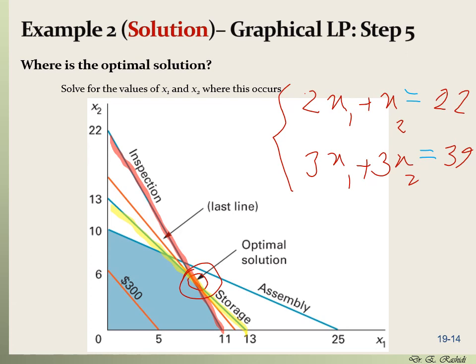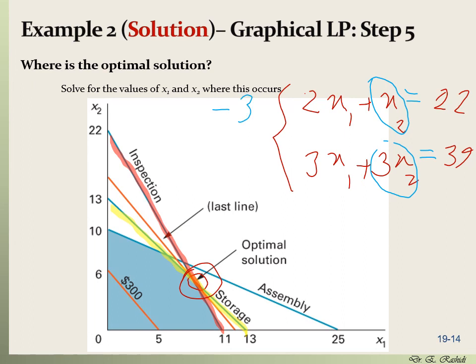I'm going to do it very fast. To get rid of one of x1 or x2, here I have 3x2 and here I have x2, so I can multiply the first equation, both sides, by -3.